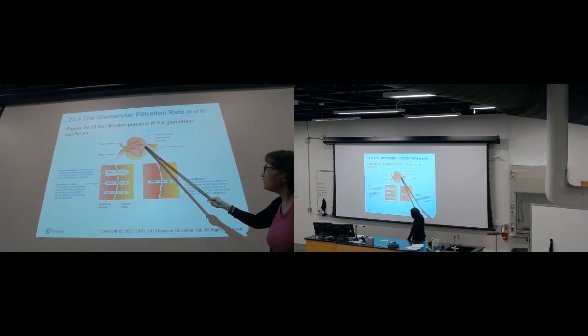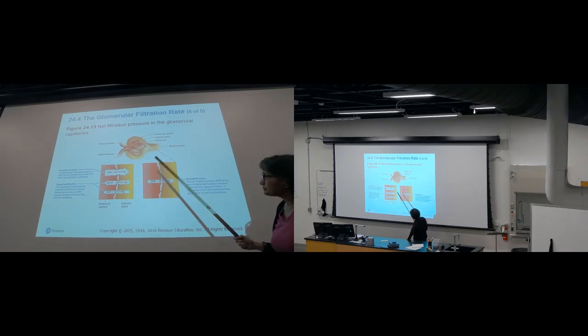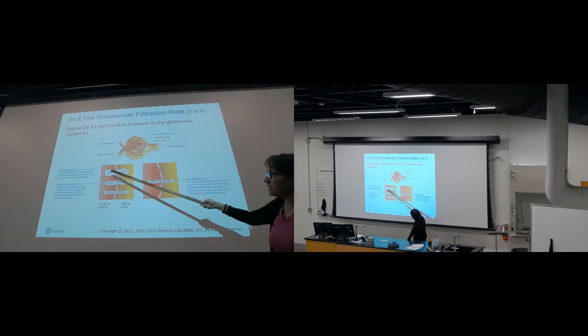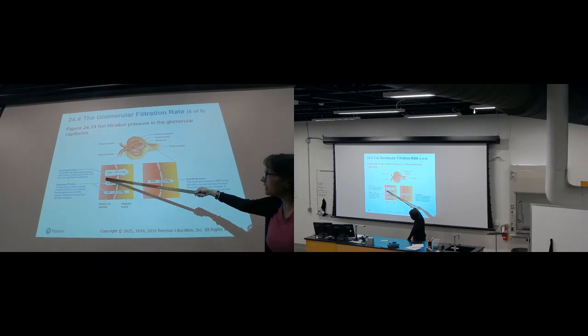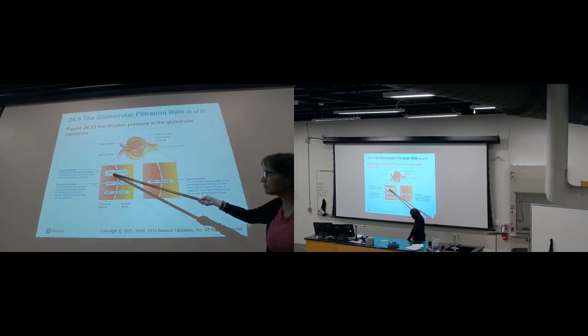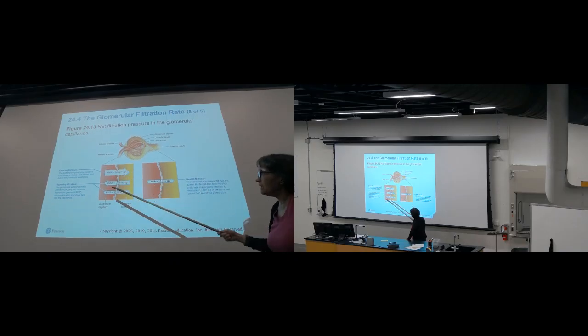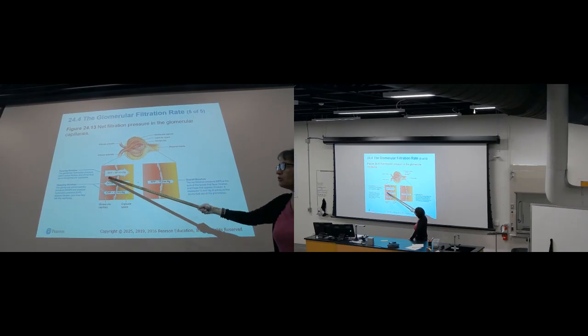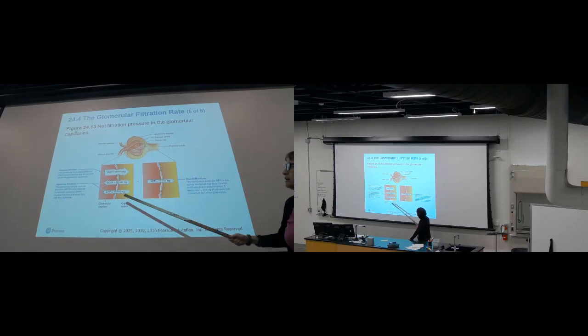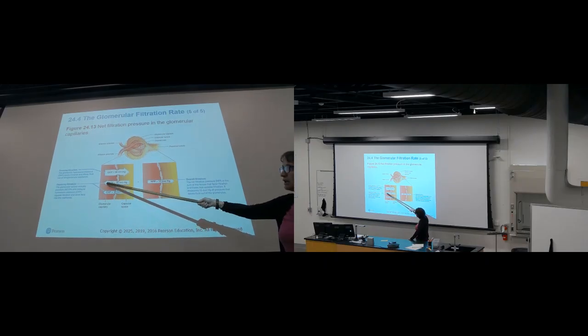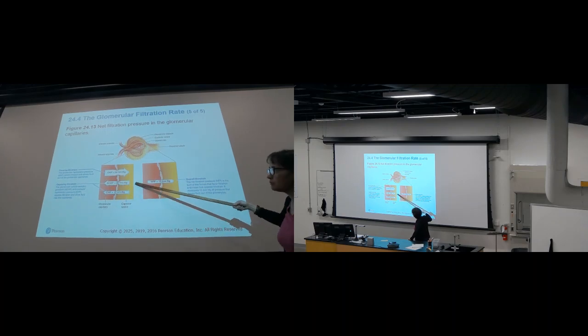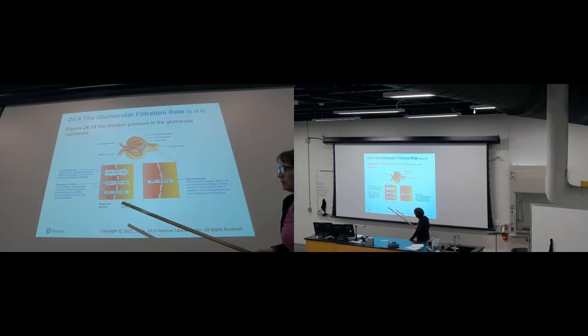And then if you magnify this part of the filtration membrane, you can see the different forces. You have the fluid inside your capillaries, which is GHP, glomerular hydrostatic pressure, which is 50. And then you have your proteins, like your albumin and your globulins, that are inside your capillary. That is the glomerular colloid osmotic pressure, or oncotic pressure. This is 30. That's what pulls the liquid in.